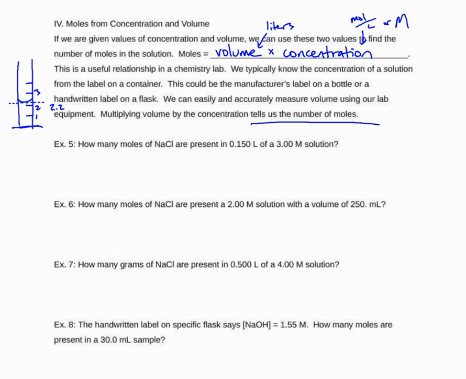Example 5. How many moles of sodium chloride are present in 0.150 liters of a 3.00 molar solution? We are going to start with the volume, which is 0.150 liters, and multiply that by the concentration, which is 3.00 molar, which means 3.00 moles per 1 liter of solution.